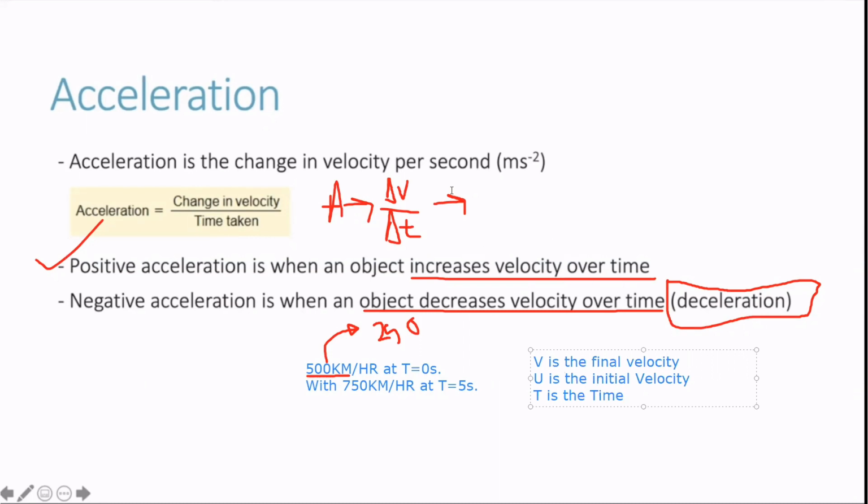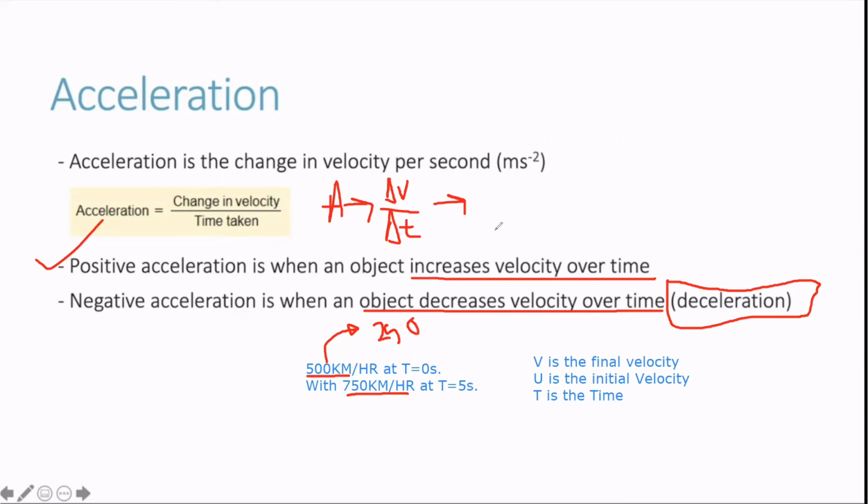So first of all, solving the question which we created ourselves, v is 750 kilometers per hour. Be very specific with the units. 750 kilometers per hour at time 5 seconds.